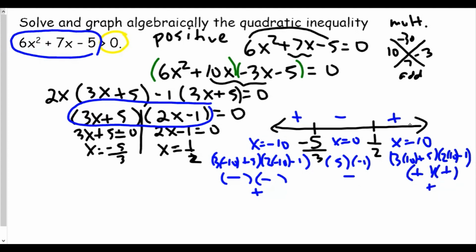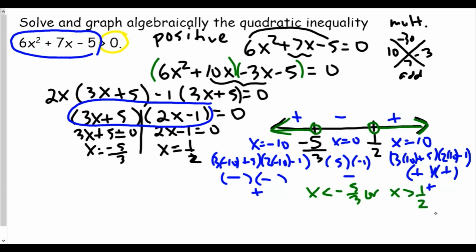Okay, so we have a positive result when x is less than -5/3, and a positive result when x is greater than 1/2. So our solution, open dot because not equal to, will be this graph here. And oddly enough, the graph will come first before our solution. As an inequality, we write down x is less than -5/3 or x is greater than 1/2.